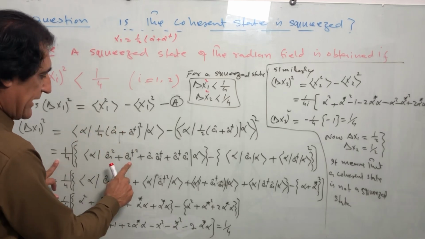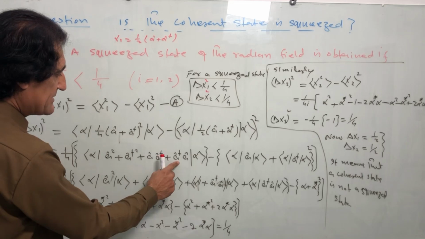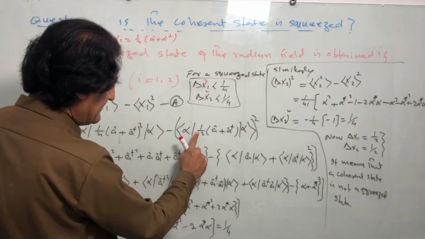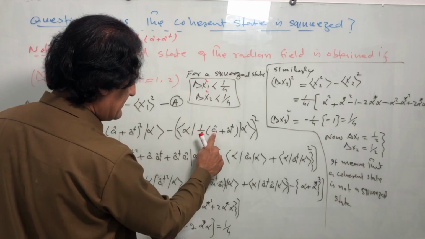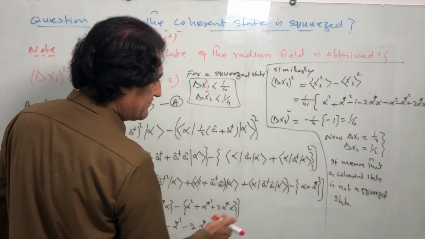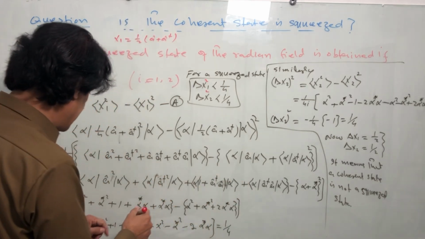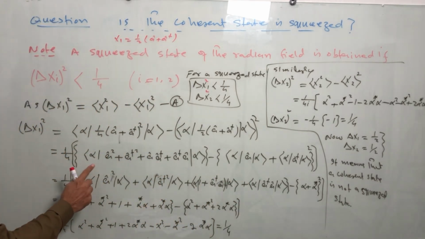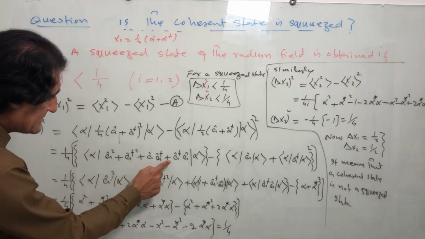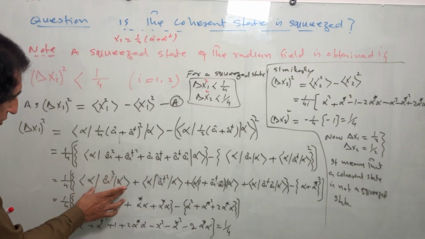Then I expand (a plus a dagger)²: a squared, a dagger squared, a a dagger plus a dagger a, and the coherent states can be applied. This is a very simple method. Further, I can take a squared, a dagger squared and the other terms separately with the coherent state.